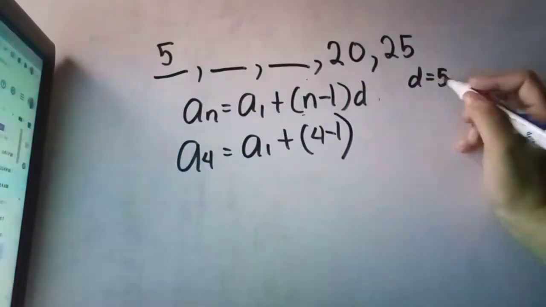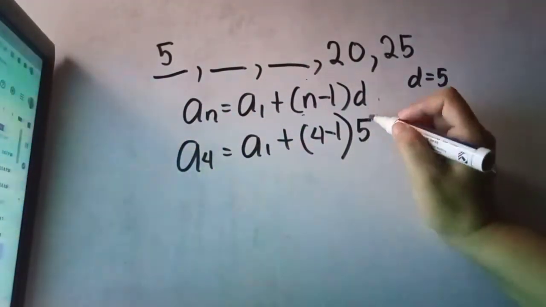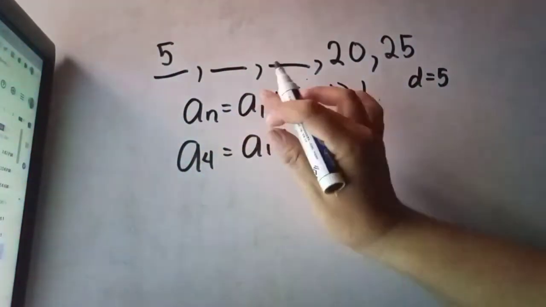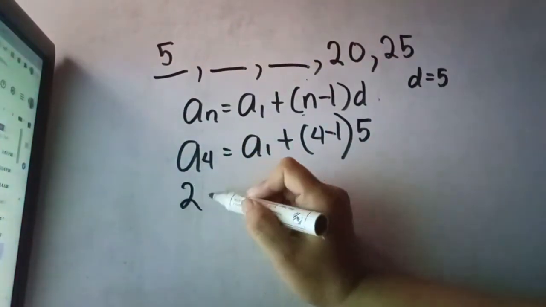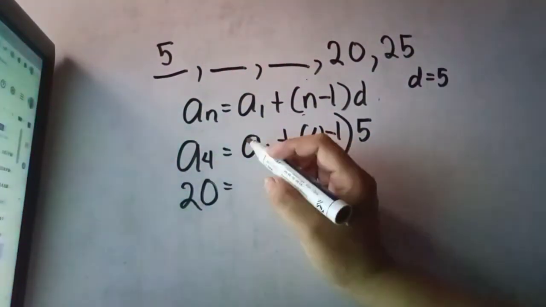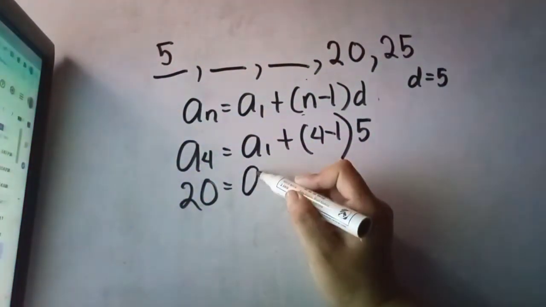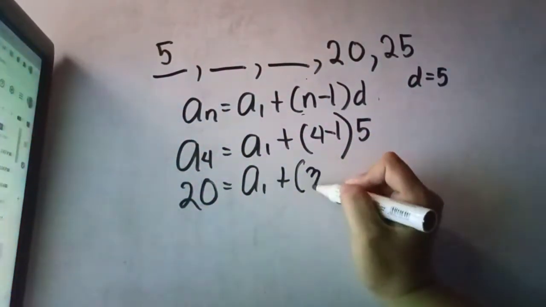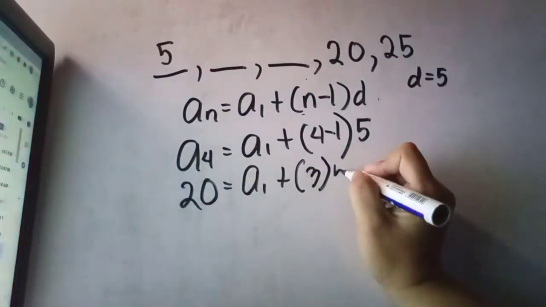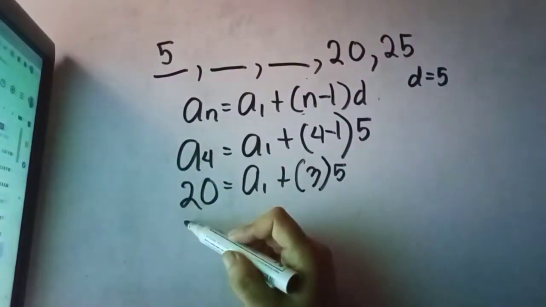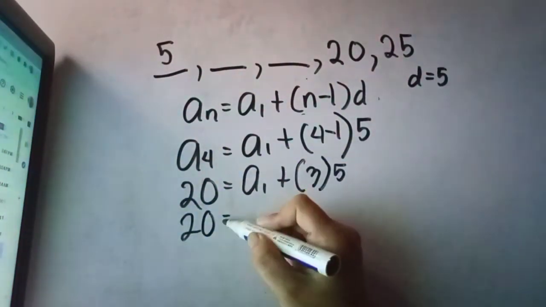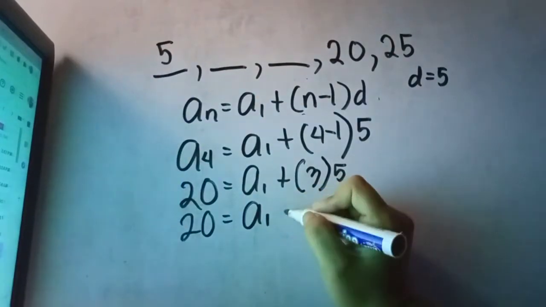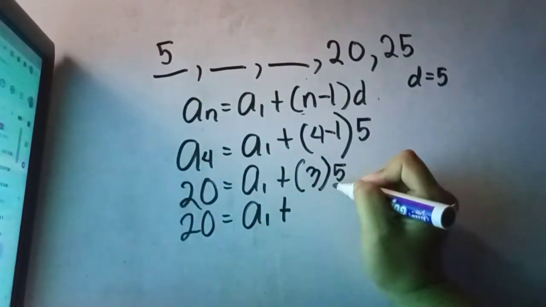Ang ating d, alam na natin, d is 5. So, ang ating a sub 4 ay 20. Meron na siyang value. Ang a sub 1 ay unknown. Plus 4 minus 1 ay 3 multiplied by 5. Okay, 20 equals a sub 1 plus 15.